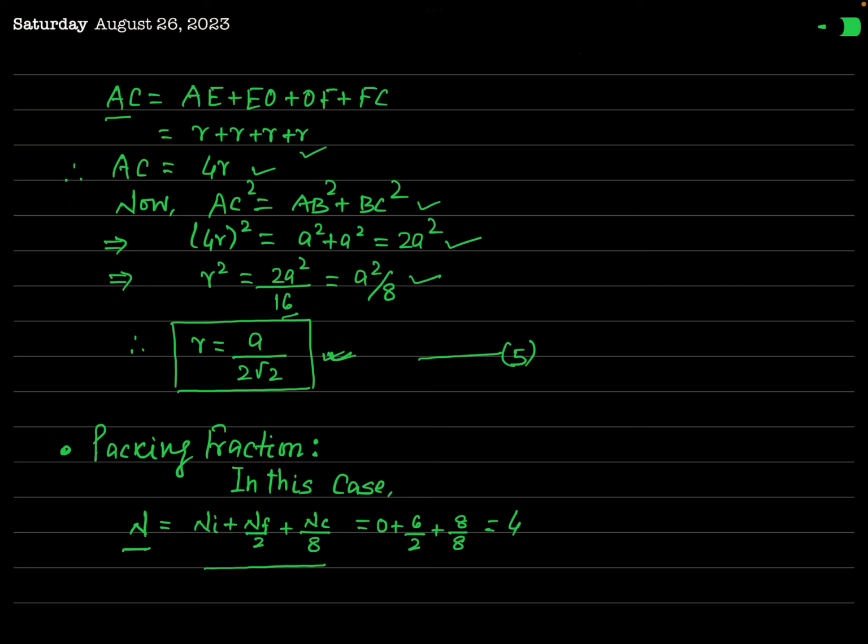In this case Ni is 0 because there is no lattice point at the center of the body of the lattice. But Nf is 6 because the cube has 6 faces and at the center of each face there is a lattice point. So this is 6 over 2 plus 8 over 8, that is equal to 4. So the number of atoms contained in a unit cell is equal to 4.